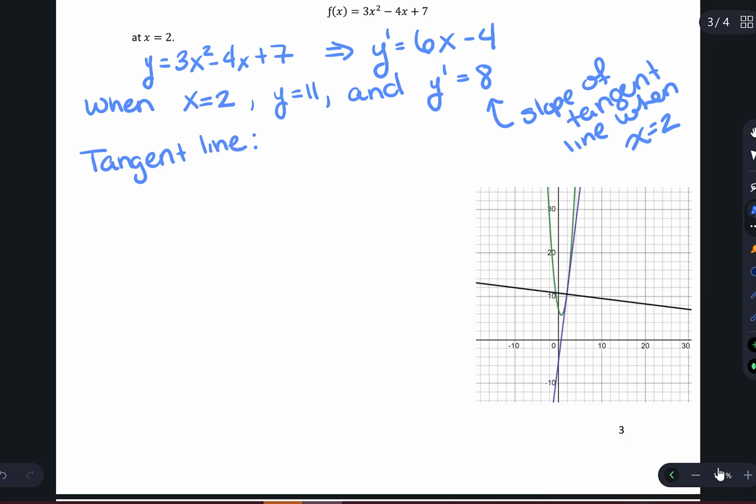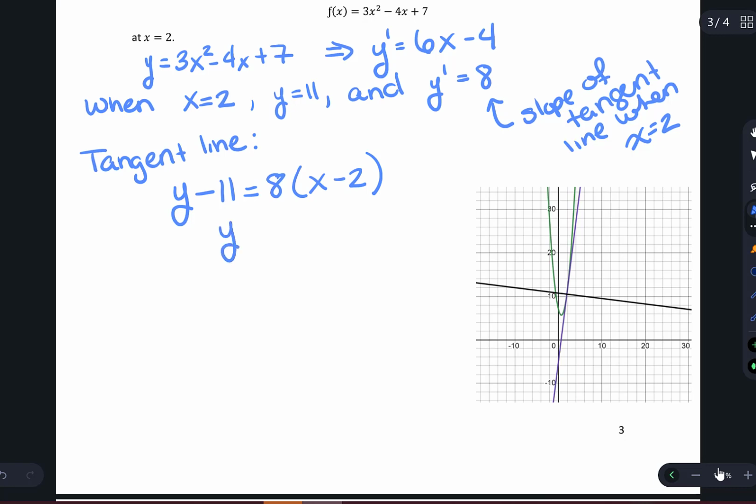So recall from the previous sets of notes, once we have the tangent line and we know the point that it goes through, we can write the tangent line by having y minus the function evaluated at the point, in other words, the value of y. So y minus 11 is equal to the slope, which is 8, times x minus 2.